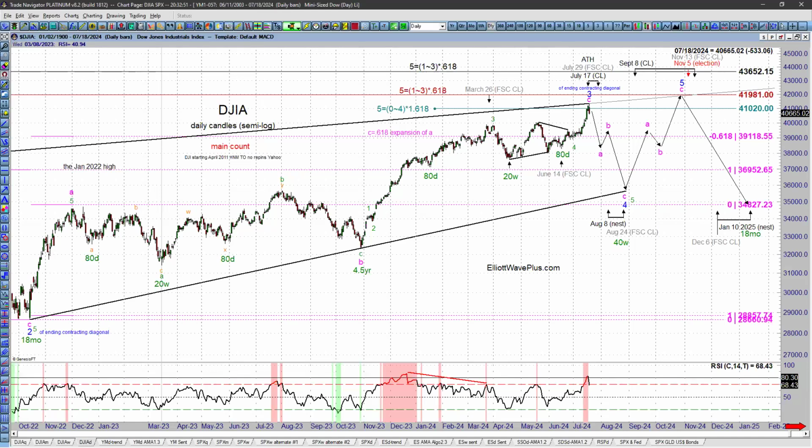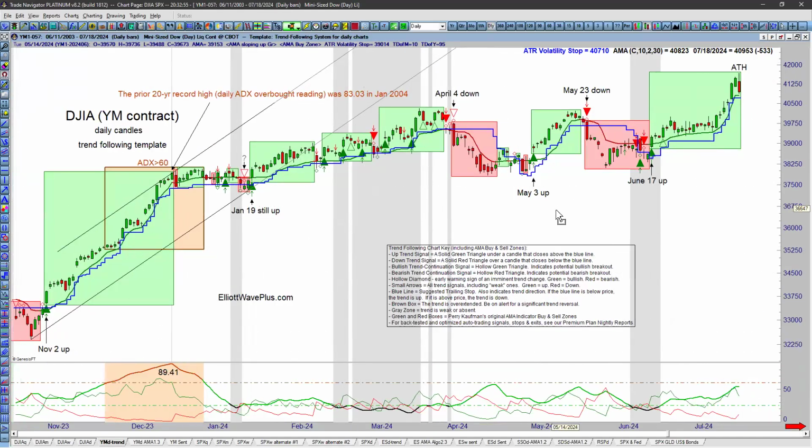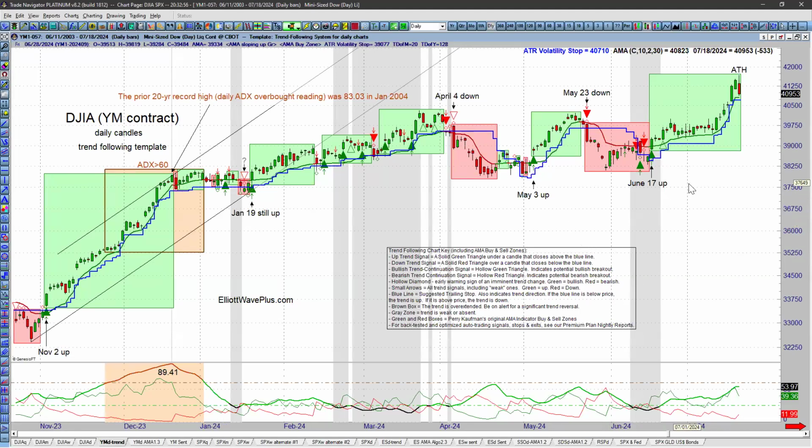Also on the YM contract, we look at the trend. So this is a chart that even at the $25 level, you get one of these trend charts on about 12 popular items every night. And this is strictly a daily trend system on when the daily trend is down and when it's up. And the daily trend is currently up.